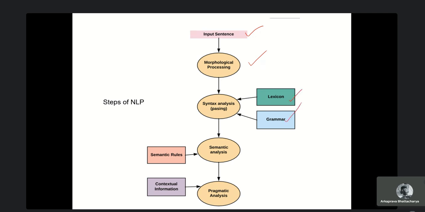Then you have semantic analysis, where based on some semantic rules the words are generated. Apart from this, you have to look into the contextual information also. This is where the pragmatic analysis comes in. So now you can see how tough it is, as I said, the language is ambiguous and has to be generated, so you need to consider all these steps. This is all about natural language processing and the steps of NLP.